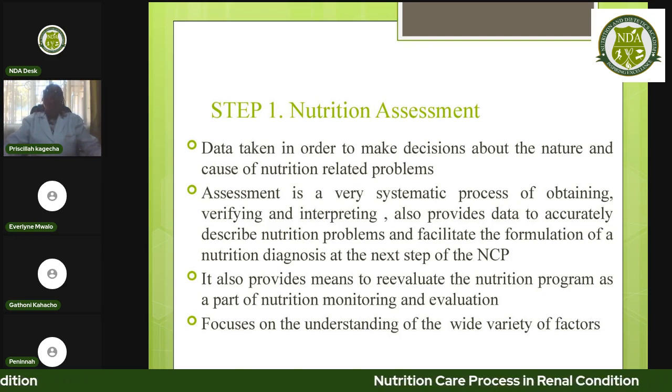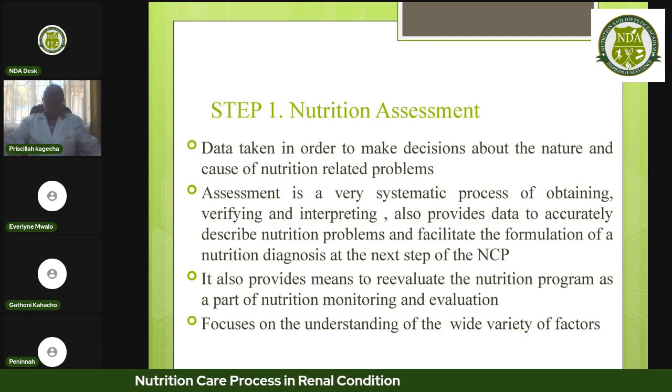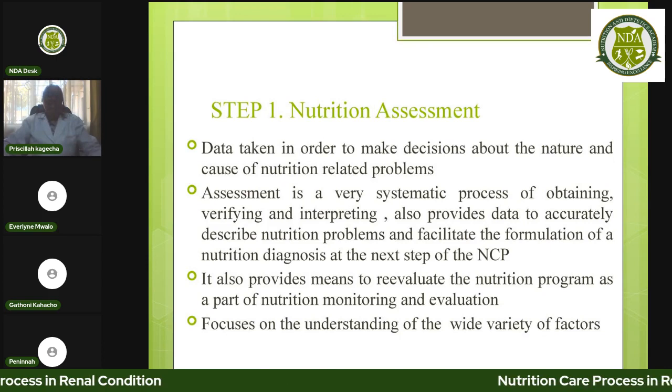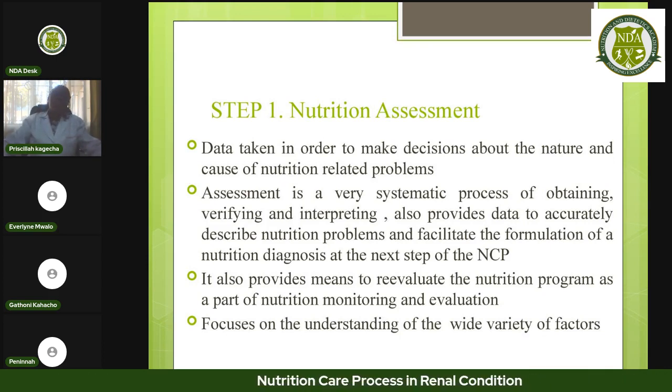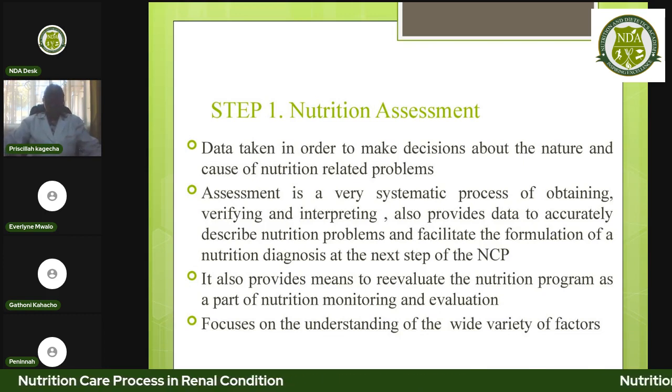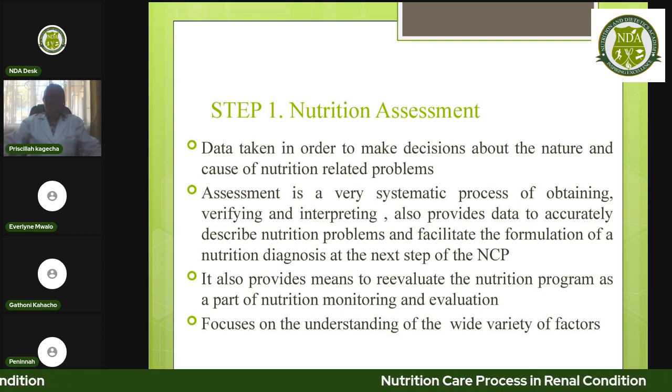You need to know different lab values. For example, if you're using millimoles per liter for potassium, you may want to know that the normal reference range is about 3.5 to 5.1, so that when you see the results of the patients, you're able to intervene well.